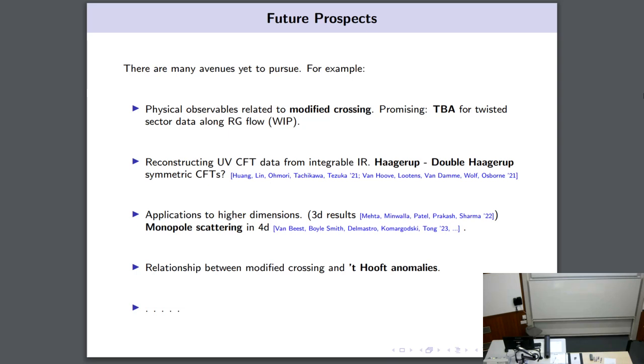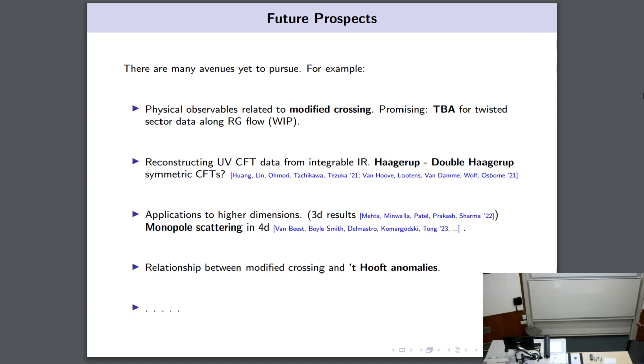And what I like more probably is just application to higher dimensions. So there are two avenues. One is 3D. There have been some results by Wallace's group 2 years ago about crossing symmetry in Chern-Simons matter theory and its modification. So it would be nice to give a very concise derivation of that and understand what is the fundamental thing driving it.